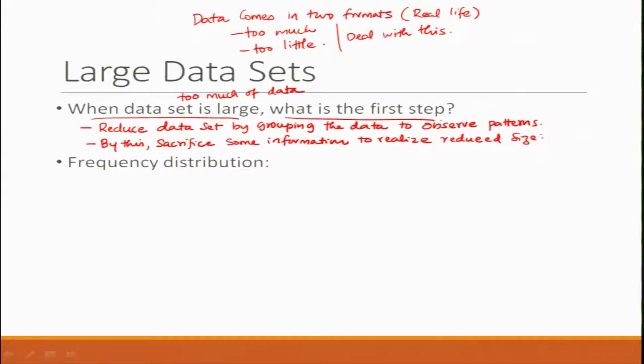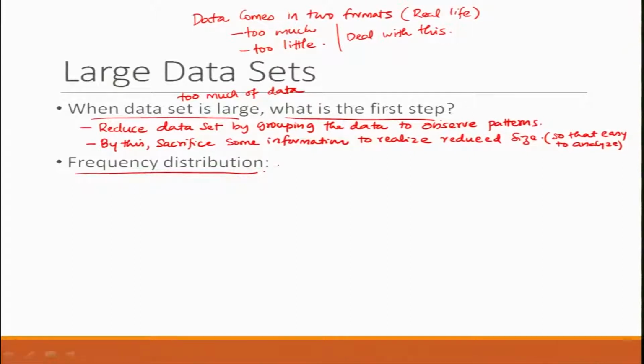Once you have reduced the data, it is easy to analyze.